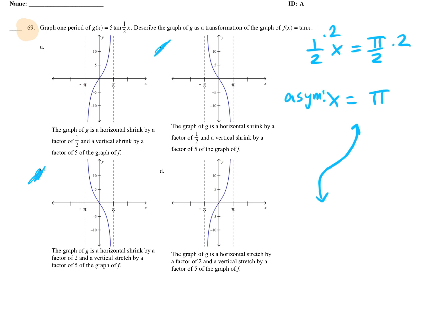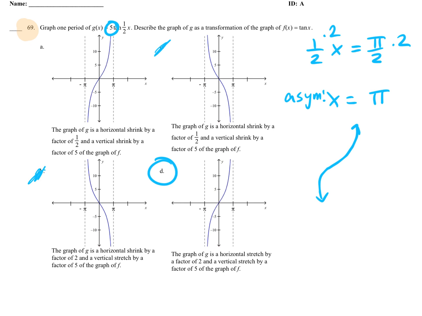It says the graph of G is a horizontal shrink by a factor of 1/2 and a vertical shrink by a factor of 5. The next one says the graph is a horizontal stretch by a factor of 2 and a vertical stretch by a factor of 5. Well, 5 is bigger than 1, so is 5 going to make it a shrink or a stretch? 5 would make it a stretch, so that would be answer choice D. So just look at the number out front.